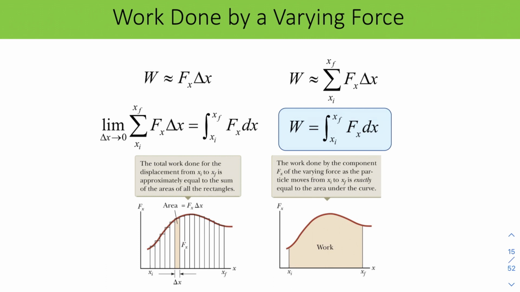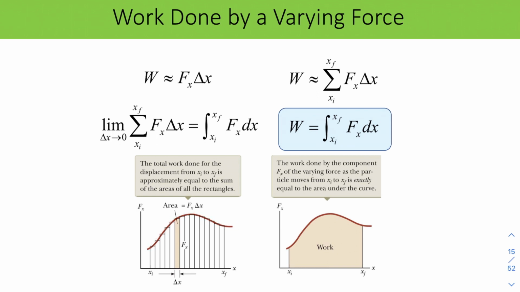So let's move to work done by a varying force. Just now, remember, from the beginning until just now, we are talking about work done by a constant force, where the amount of the force is constant throughout the process. But now we are going to move to work done by a varying force. What does that mean? Varying force means that the force keeps on changing.